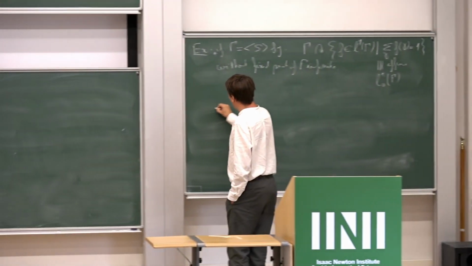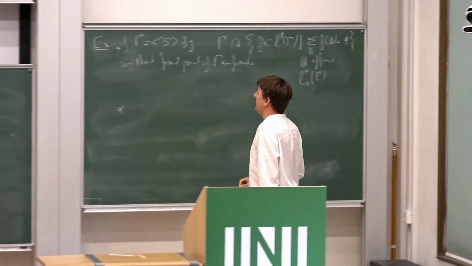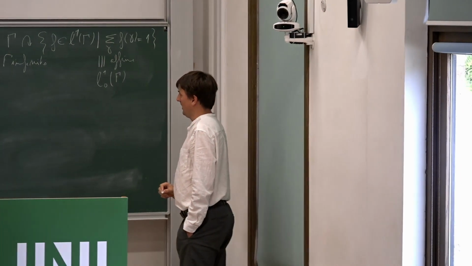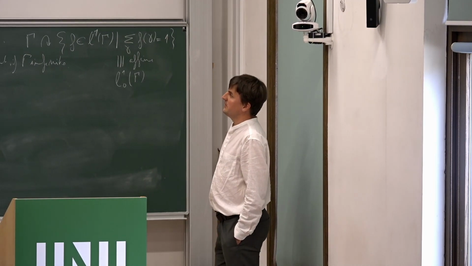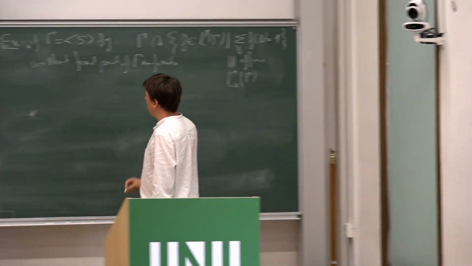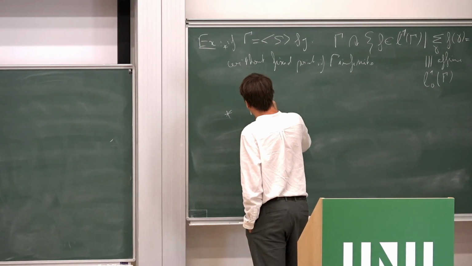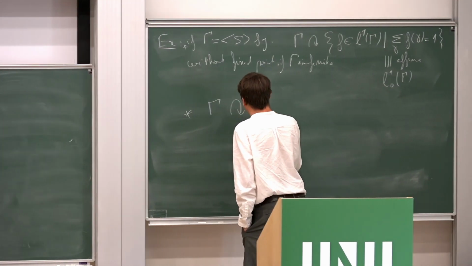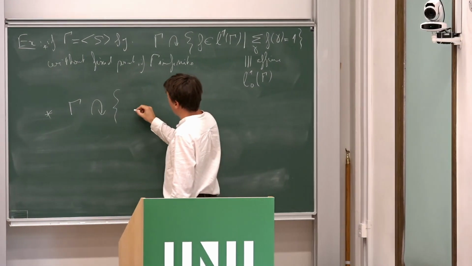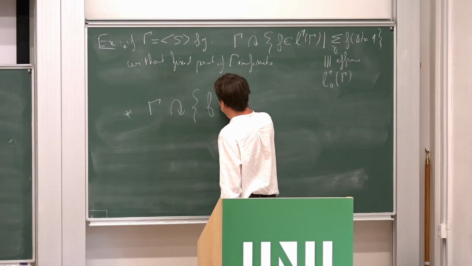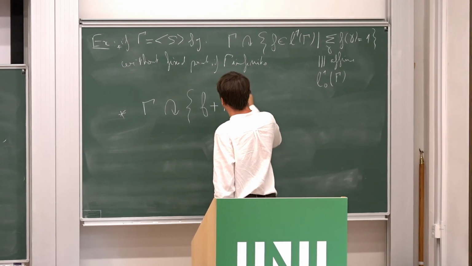There is another phenomenon that is even more in contradiction with the fixed point property. So we can consider gamma. It also acts in the natural way on the set of functions of the form f plus the word length.